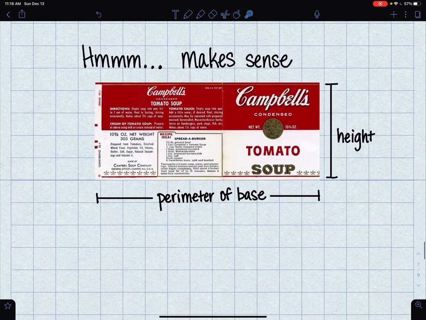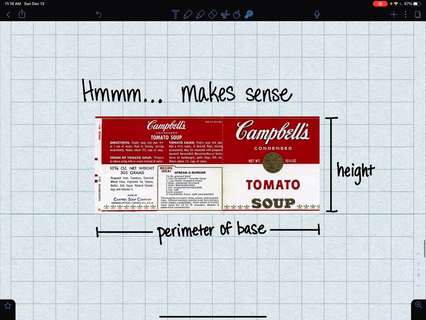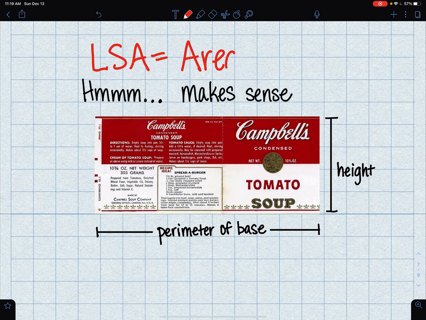Okay, let's do it. Oh, I want to show you how that equation actually makes sense. Because when we're calculating the lateral surface area, we're calculating an area. If you take a soup can and stretch out the label, it's the area of a rectangle that you're figuring out. And you have memorized the equation for the area of a rectangle. It's the base times the height.